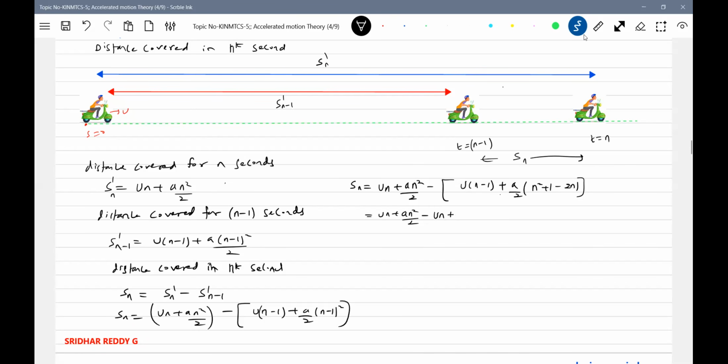So this will be minus un plus u, minus an square by 2, minus 1, this will be plus an by 2.